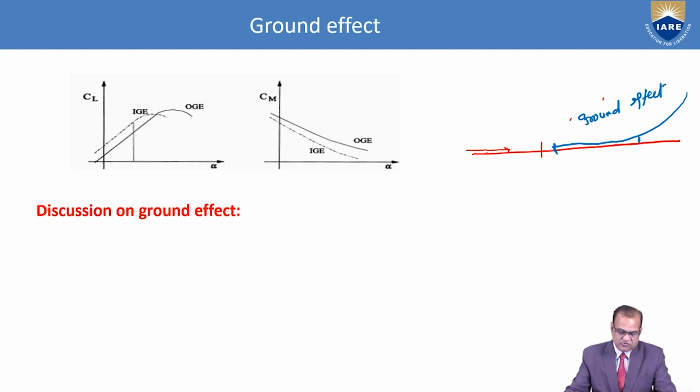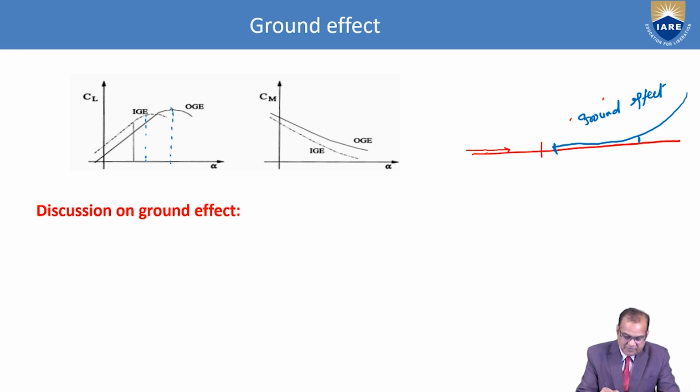First, I will discuss about coefficient of lift versus alpha, then pitching moment, Cm versus alpha, what is happening in these two conditions. So, if you see here, in ground effect, and this is the out ground effect. So, if you see the CL maximum in ground effect, it is here. But if you see here, out of ground effect, CL is here.